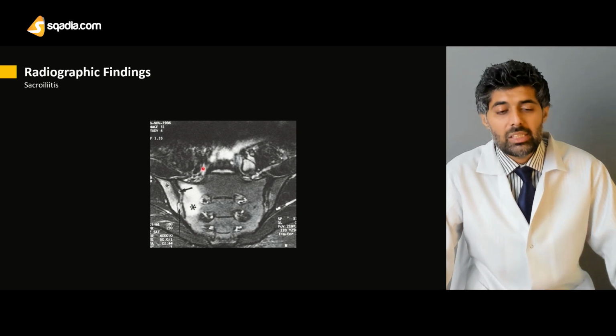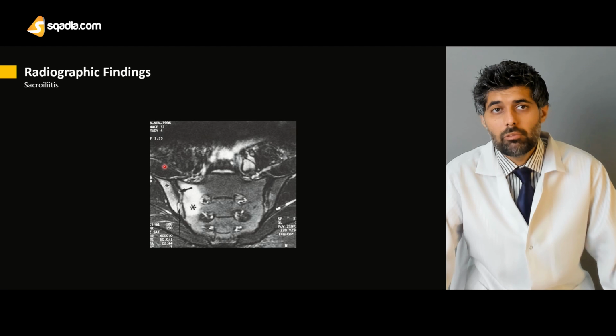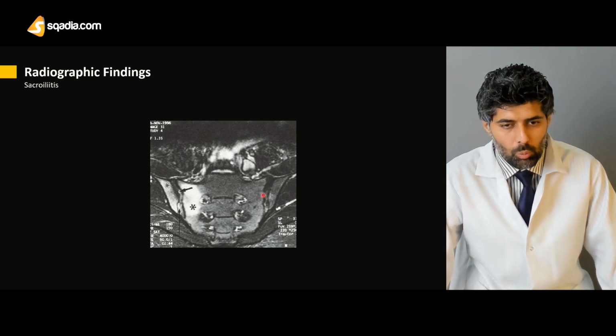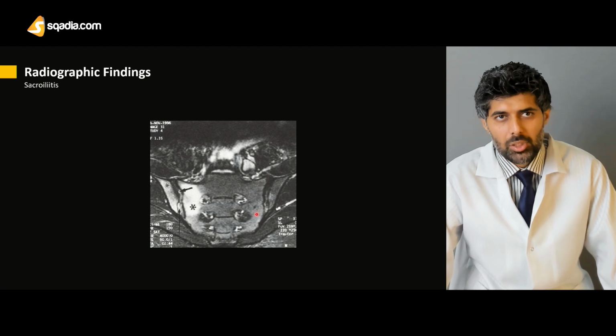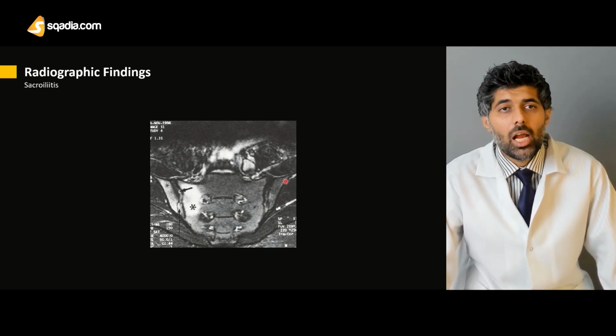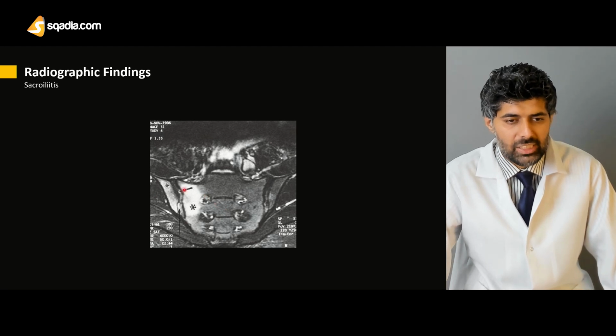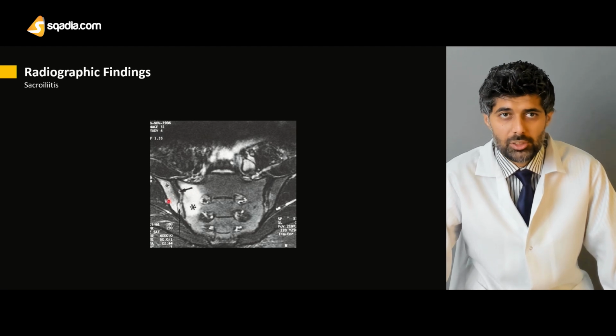And again, this is a unilateral finding. The other joint is normal, with normal tendon and ligaments, no edema and no spacing. Because as you can see, the spacing at this area has also increased.